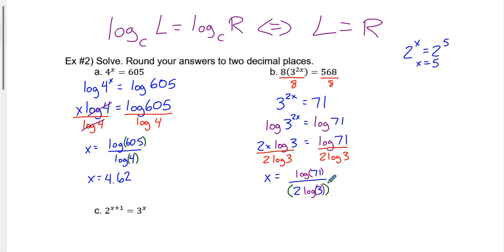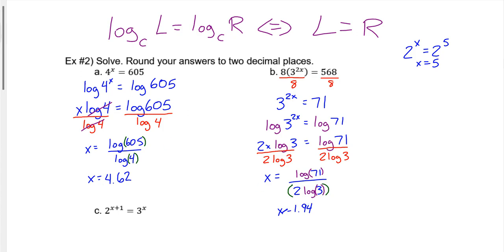It's going to make sure that your answers stay accurate, and it's a good habit to have as we go into even more complex equations. And when we type that into our calculator, log of 71 divided by parenthesis 2 log of 3, our x value would equal 1.94.